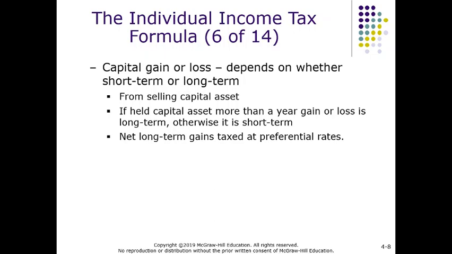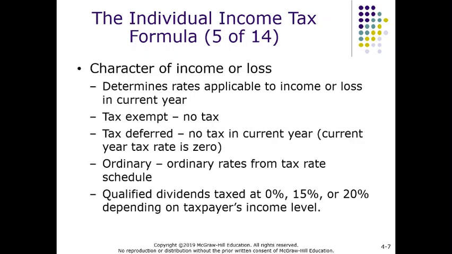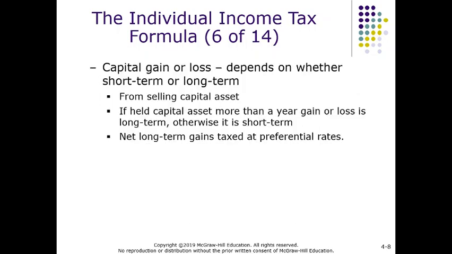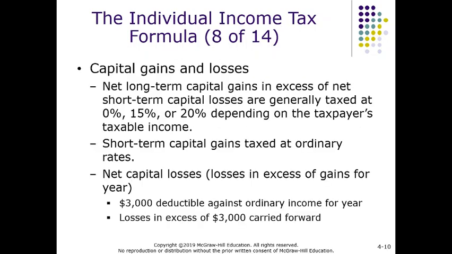If you hold a capital asset more than 1 year and then sell it, it's considered a long-term capital gain, and the gain is treated preferentially, and so it would be taxed at either 0, 15, or 20%, depending on the taxpayer's taxable income. Well, what if you sell a capital asset for a loss?